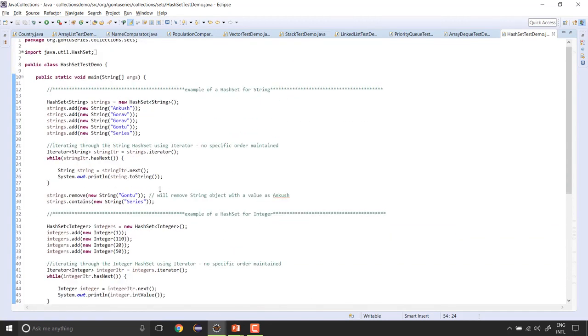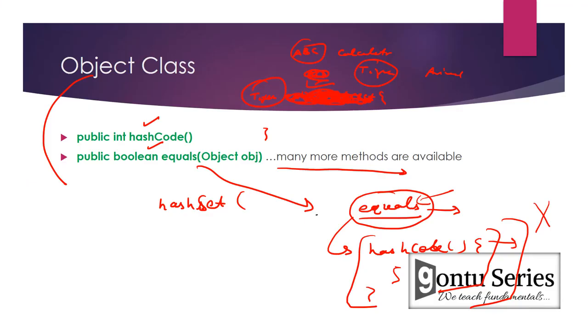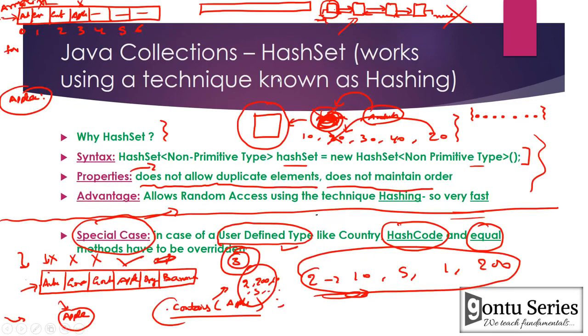Now one important point before I show you this concept working. Guys, in the case of HashSet, I'm saying to compare two objects, it uses hash code and equals method. Okay, this is not equal, this is equals. Let me correct that. Now, when you are making use of HashSet, the JDK is going to expect that your Country class should have hash code and equals methods written there.